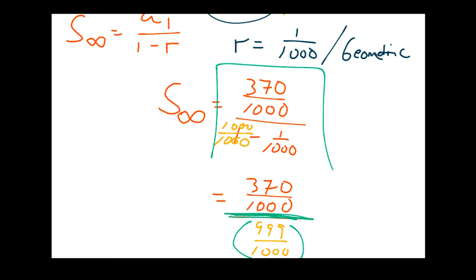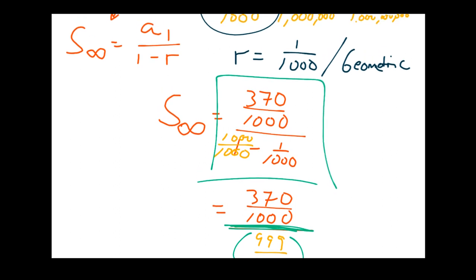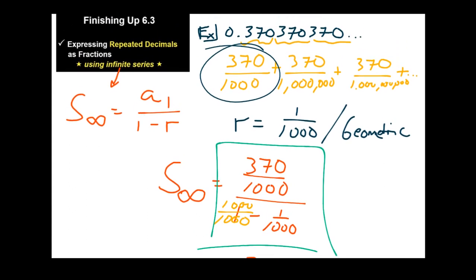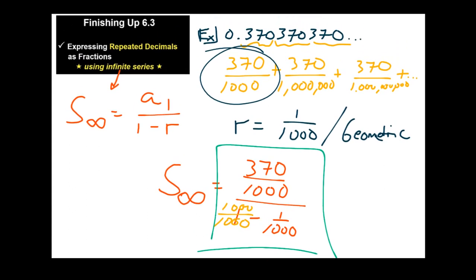That infinite series formula requires the first term, and it requires that common ratio. And I got that first term and that common ratio by basically thinking of this repeated decimal as the sum of a sequence of numbers that themselves were each multiplied by 1 over 1,000.